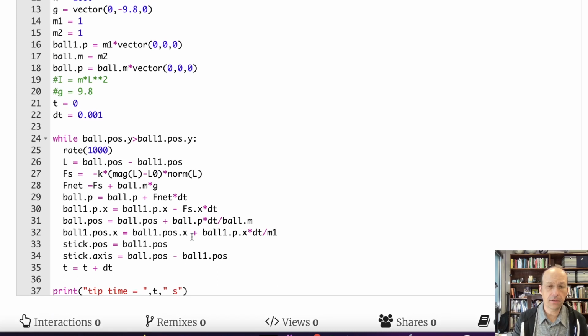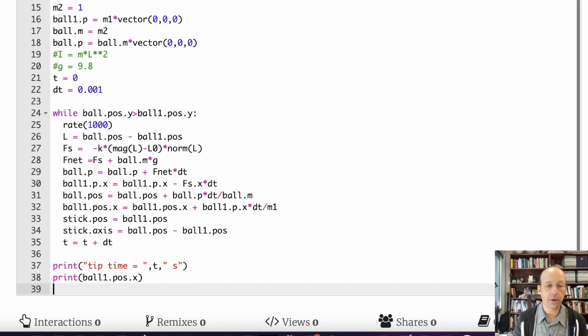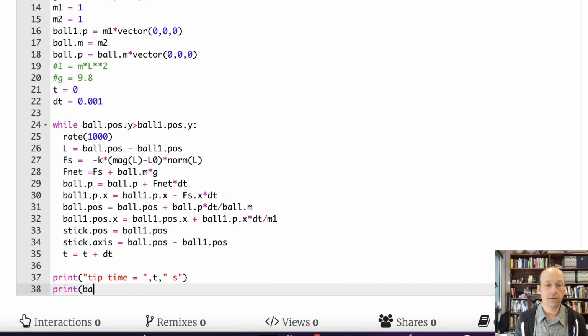Let's print. I could print the center mass, but let's just do this. Print ball1.pos.x, and let's print, no, let's calculate the center mass. rcom equals ball1.pos times m1 plus ball2.pos times m2, all of that divided by m1 plus m2.